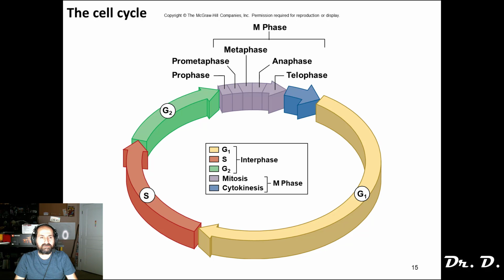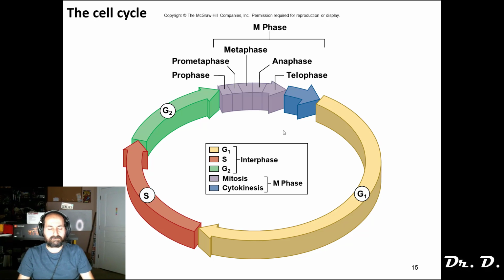Good. So you could see all of the phases here. Remember, the cell cycle is broken into two major phases, interphase and M phase. Interphase has the subphases G1, S, and G2. That's interphase, followed by M phase, which consists of mitosis.